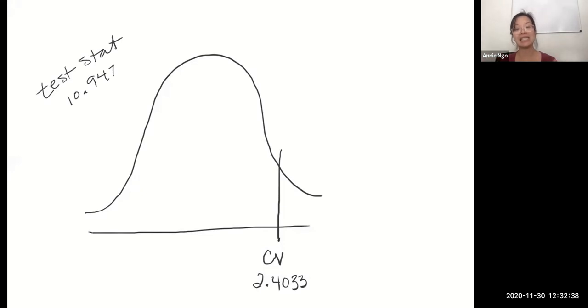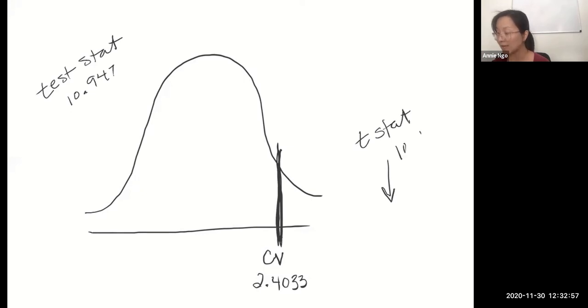Where does the test statistic fall? Where on the curve in relation to the critical value? So in relation to this line right here, and yep, it falls to the right. So it falls somewhere actually quite far out, right? It falls way out. Our t-stat falls out here, and it's okay to have a very big or very small t-stat. It just tells you how far in that direction it goes, right?